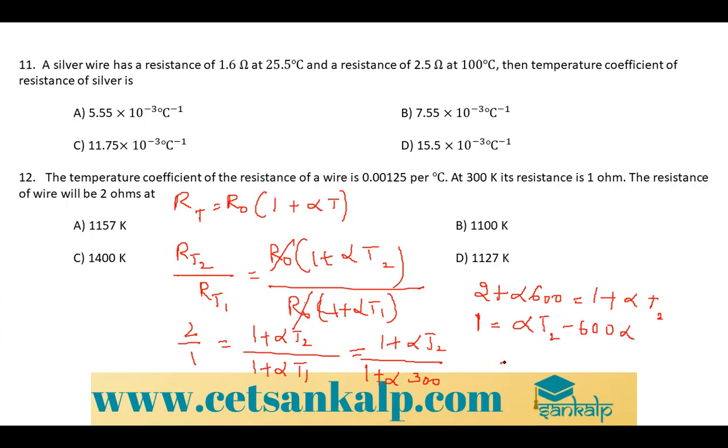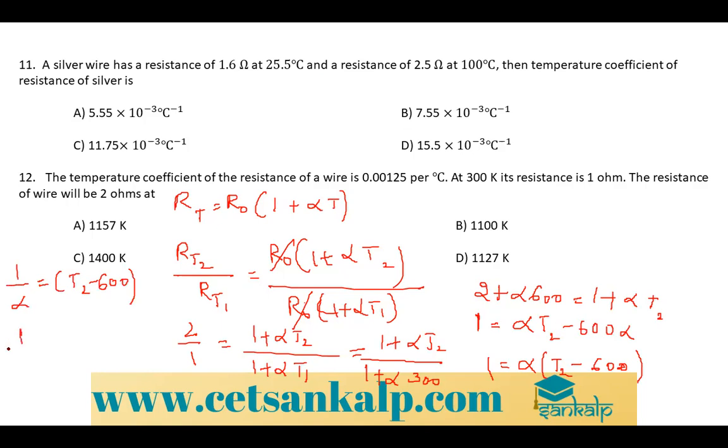So I take alpha common: alpha into T2 minus 600. So what can we do with this? So 1 divided by alpha is equal to T2 minus 600.